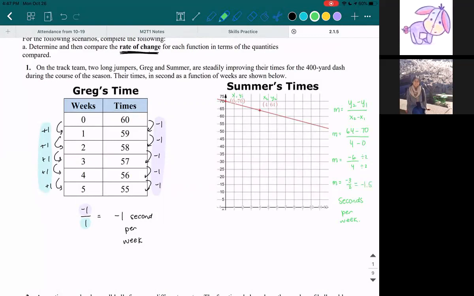Because I know you guys don't like fractions sometimes, and sometimes it's easier to see it as a decimal so that we can compare it better. So Summer's time is going down by 1.5. That's a good thing when you're talking about track, because in track you want a shorter time. So you want a smaller time. So if Summer's time is going down by 1.5 seconds per week, you can say that she is improving faster than Greg.